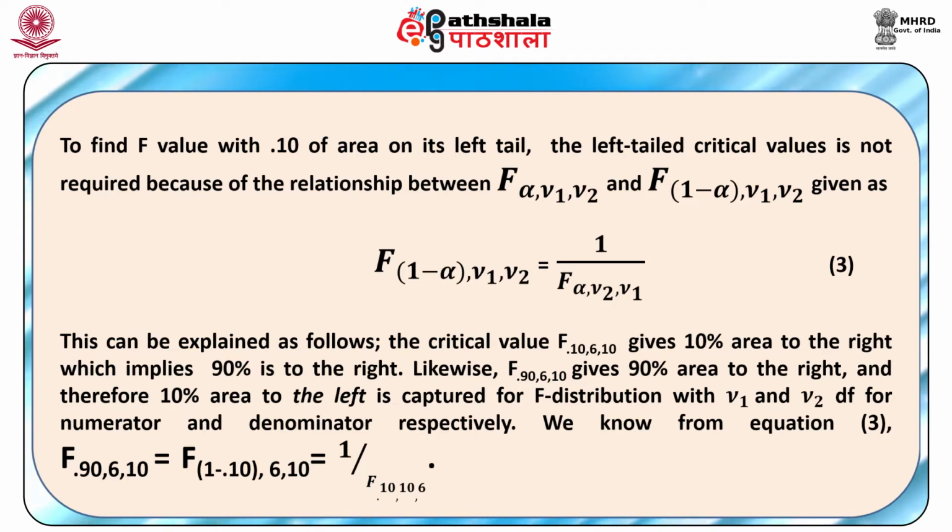We know from equation 3 that f 0.90 for 6 and 10 is equal to f 1 minus 0.10 for 6 and 10, and this is equal to 1 upon f 0.10 for 10 and 6.